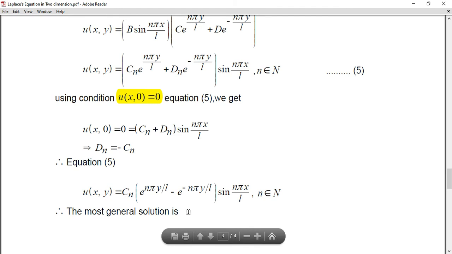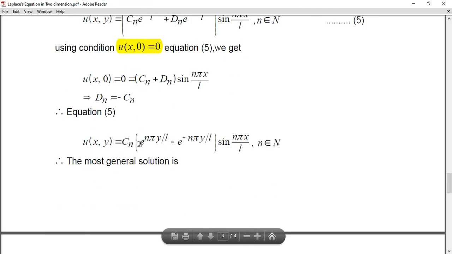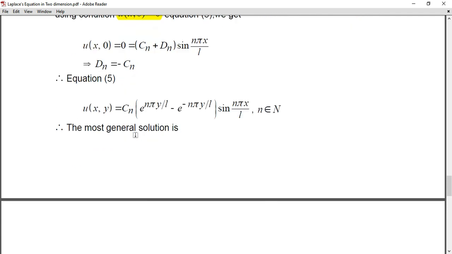The most general solution is this. But here we see that if n takes different values, we have many solutions. Laplace equation has many solutions.